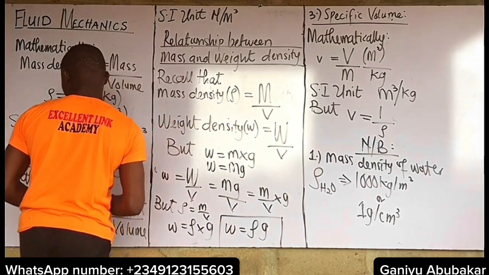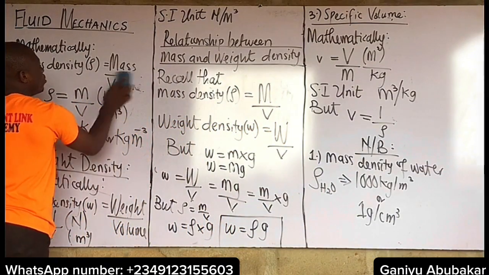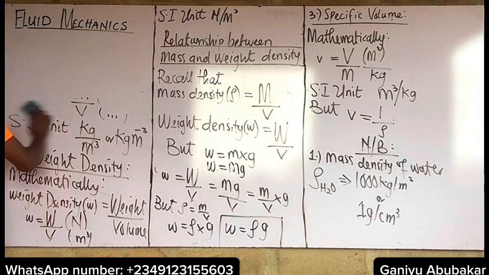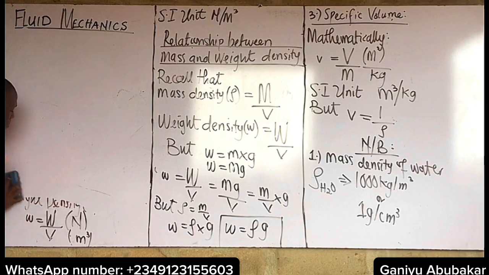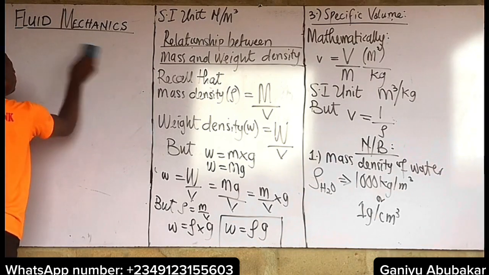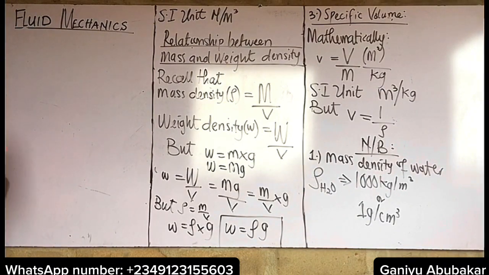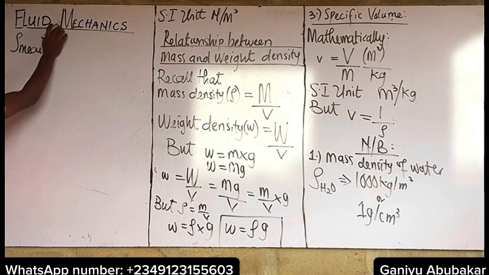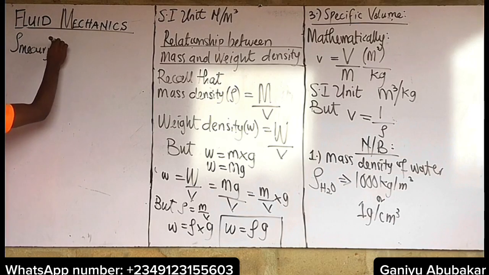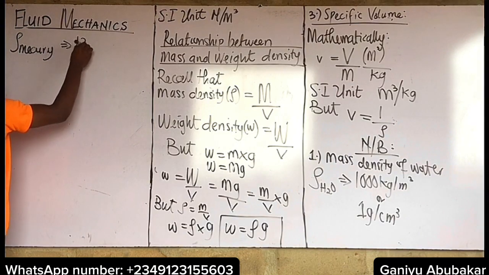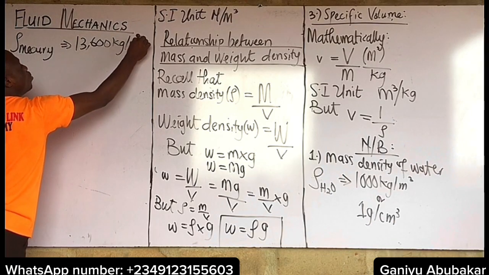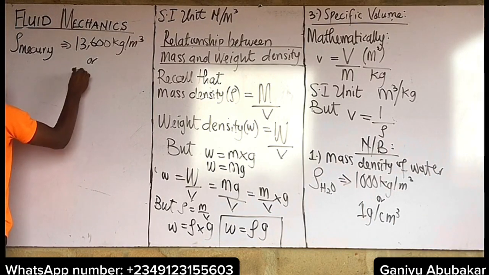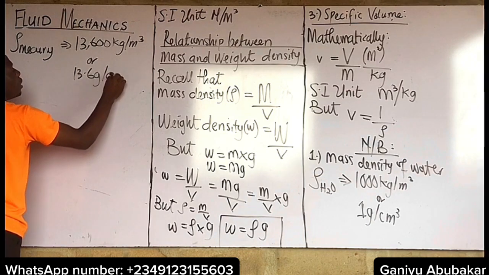Very important. Note number two is that the mass density of mercury is 13,600 kilogram per meter cube or 13.6 gram per cm cube.